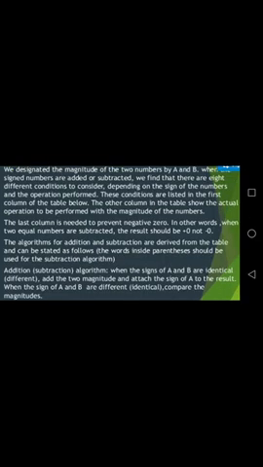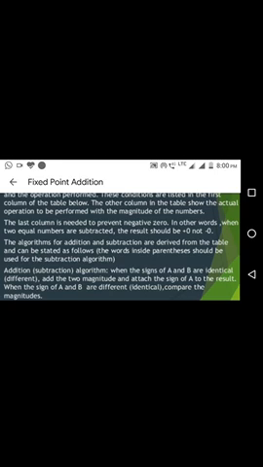We designate the magnitude of two numbers by A and B. So from now onwards, when you refer to A and B, they refer to the magnitude of a number. When these signed numbers are added or subtracted, we find that there are 8 different conditions to consider.